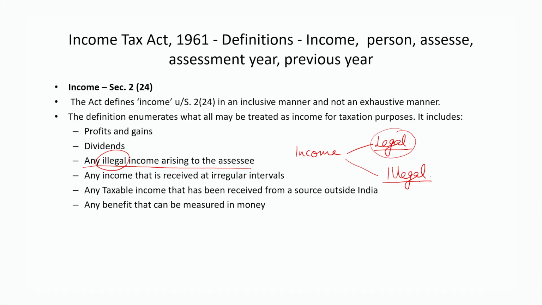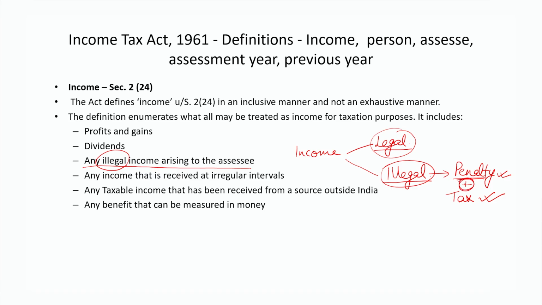So when you're smuggling, when you're hoarding, all of that income you are getting is nothing but your illegal income. And when you get that illegal income, and of course when you're caught, at that point this illegal income will be subject to penalty, whatever may be the penalty, and with that the tax component also comes. So it's not that you will only pay penalty. You will pay penalty along with tax, right?